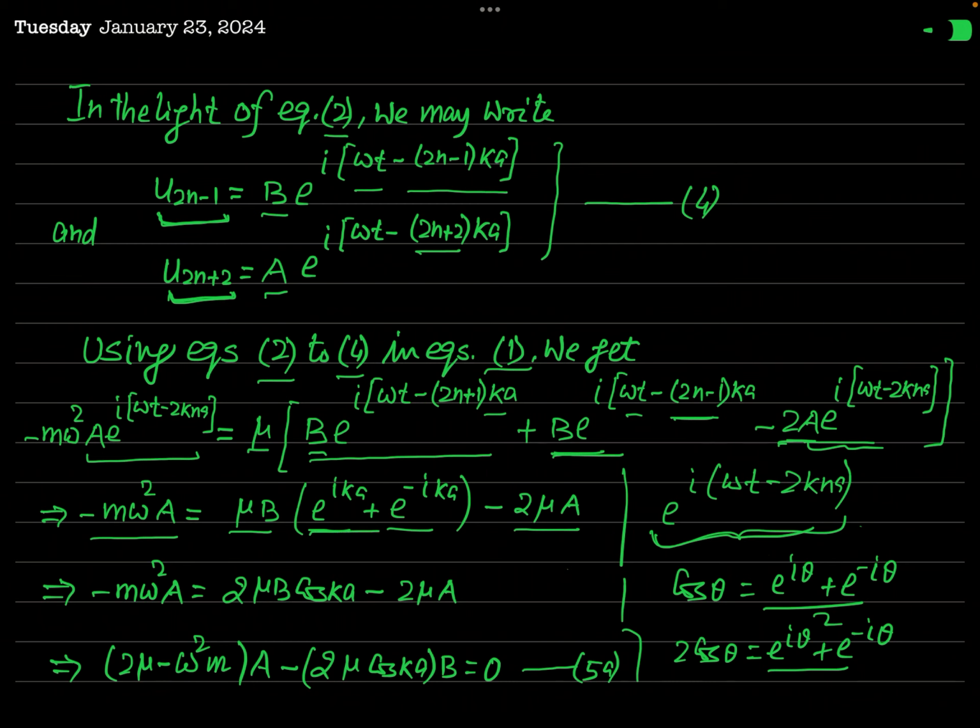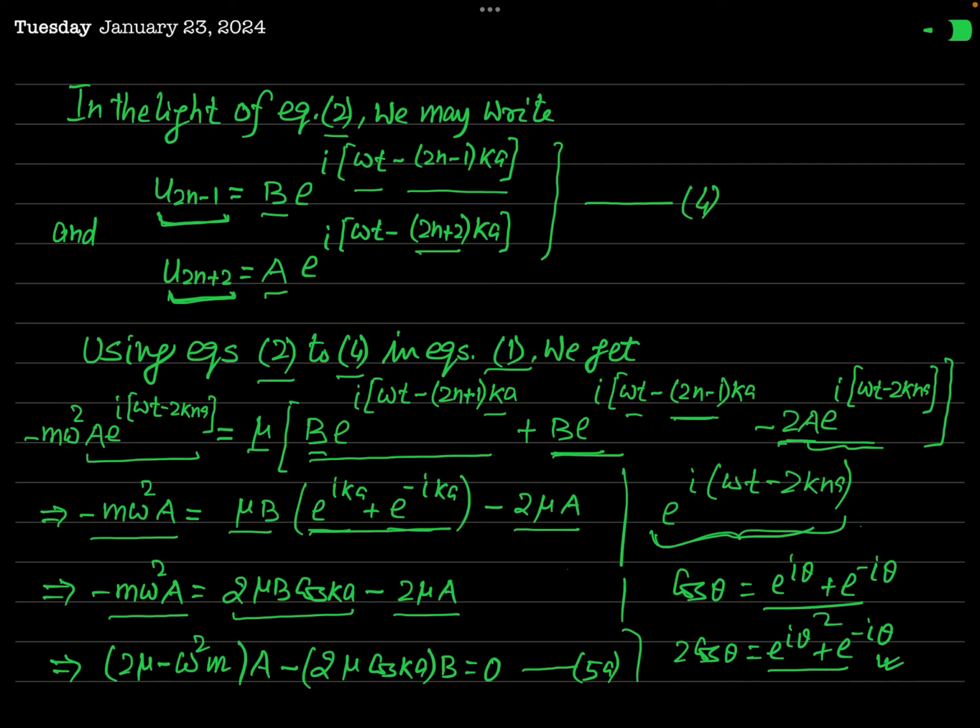This is e to the power ika plus e to the power minus ika. Here in place of theta there is ka, so using this formula you can write that this will be equal to 2 cos ka. So you can write minus m omega square a is equal to 2 mu b cos ka minus 2 mu a. Now let us arrange the terms.